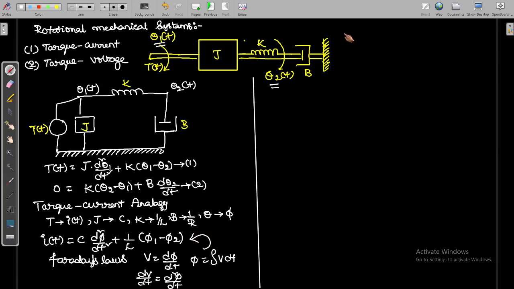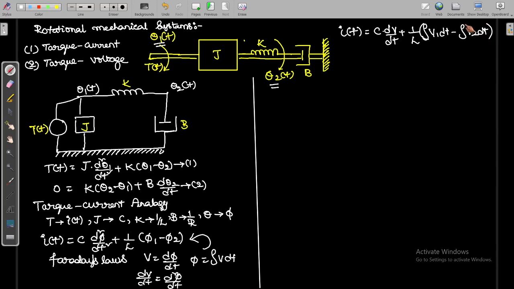I of t can be written as C into dv by dt plus 1 by L times the integral of v1 dt minus the integral of v2 dt. So this is the equation we got, I of t written like this.